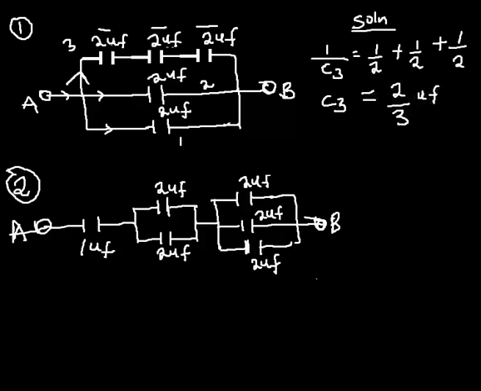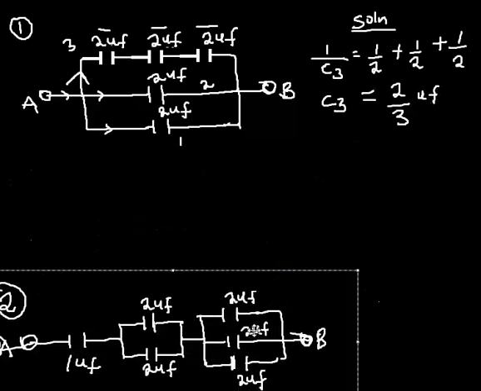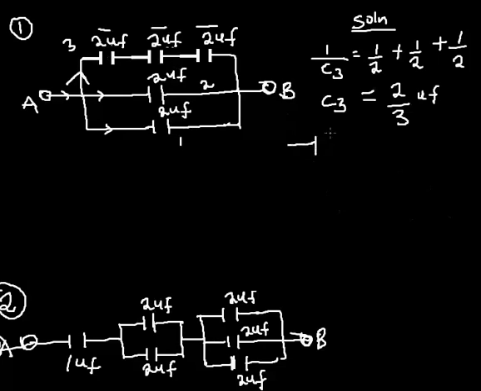Having resolved the third branch, I can redraw the circuit. For this third branch, the equivalent capacitance is 2 over 3 microfarad.